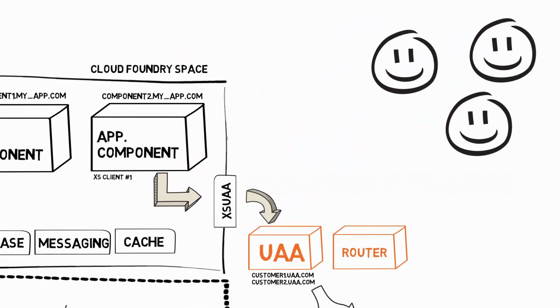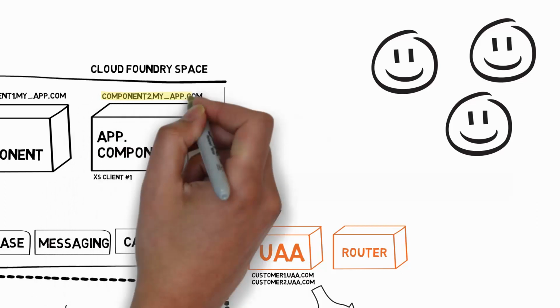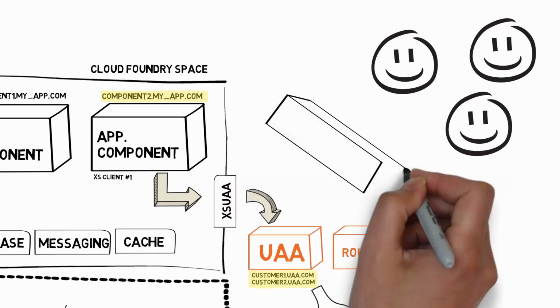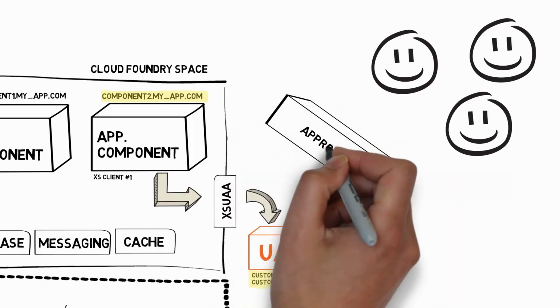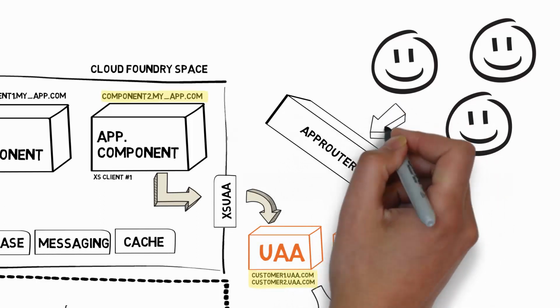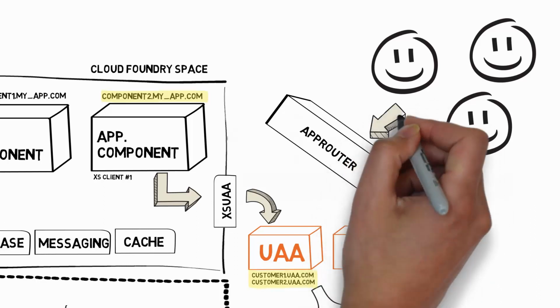Finally, you might ask yourself, if every app component that I develop has a single unique URL, but the UAA uses tenant-specific subdomains, how can any user make use of both? Something seems to be missing. And indeed something is. It is a so-called app router component. This is a reusable component delivered by SAP that acts as a single point of entry towards all your app components.